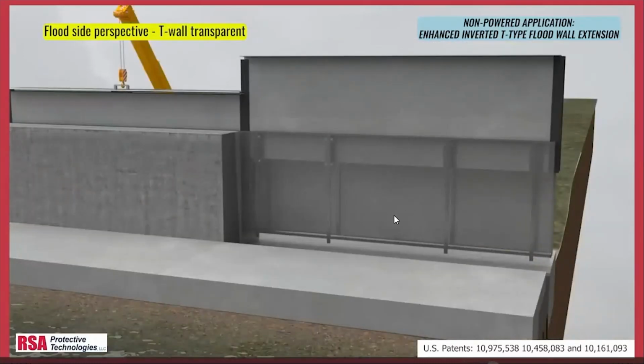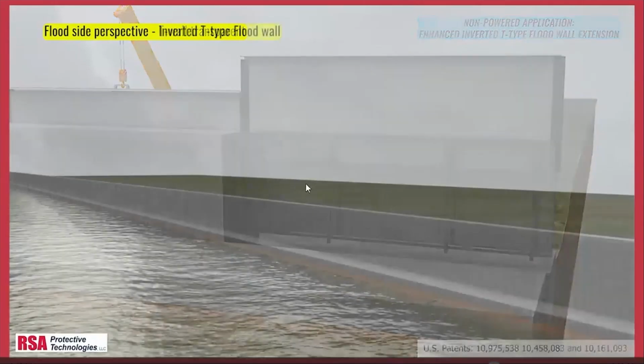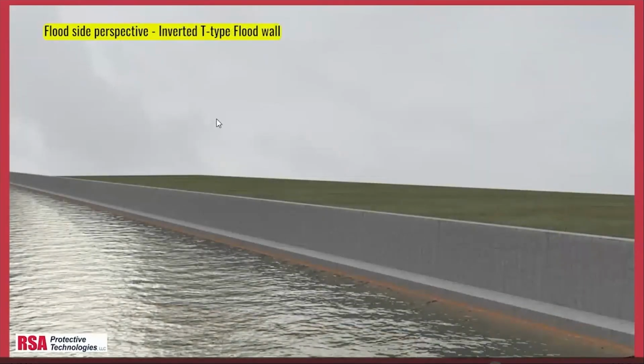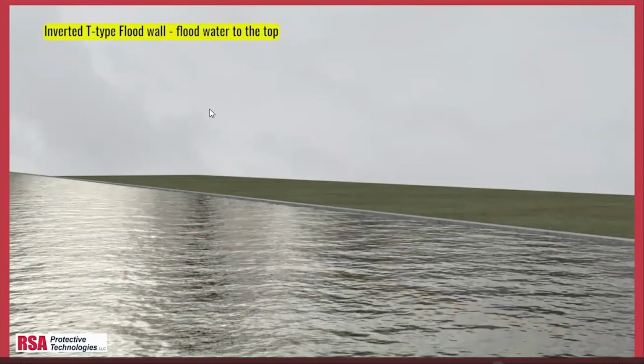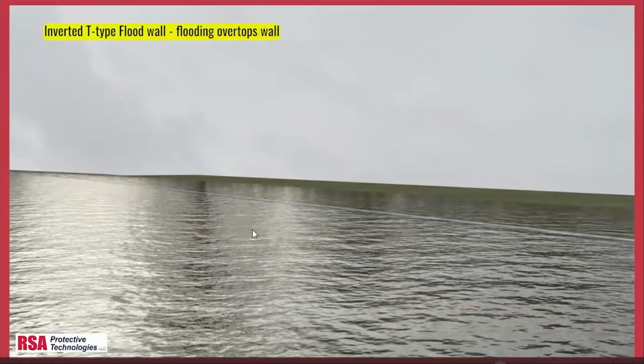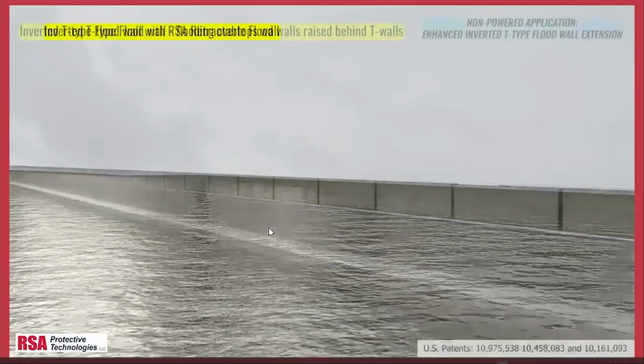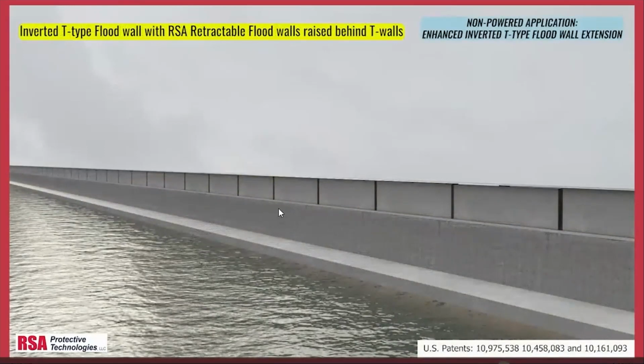Again, you can see the transparency, the seals, and the guides. Then a little sequence of the flooding running over the top of the existing T-wall, and additional video of the walls extended, holding back the flood.